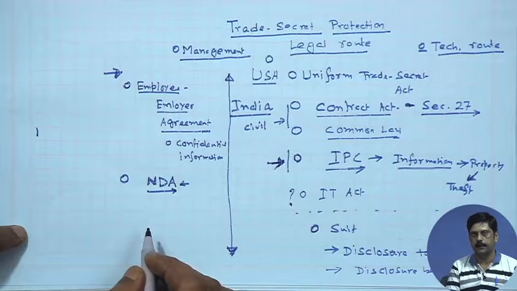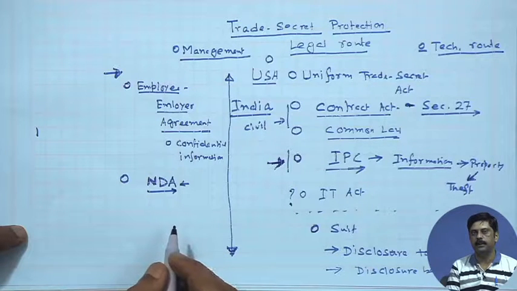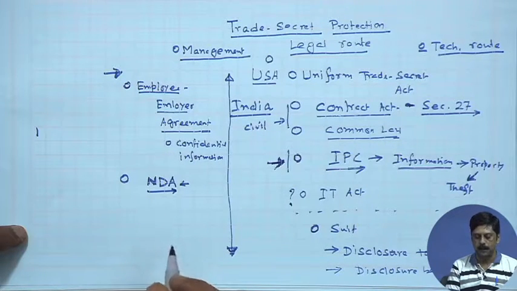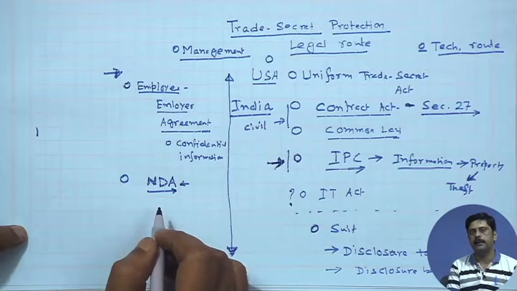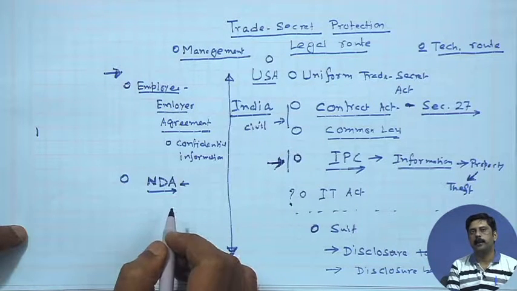Then that will not be considered a public disclosure. Within the company also, if you want to involve a few employees to work on a platform which is so confidential, with elements having commercial value, they are asked to sign non-disclosure agreements.